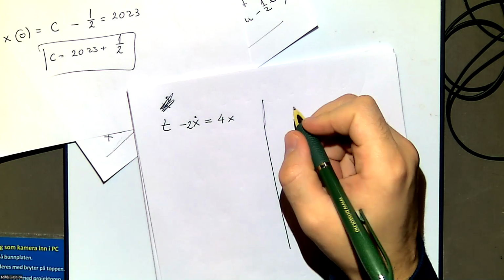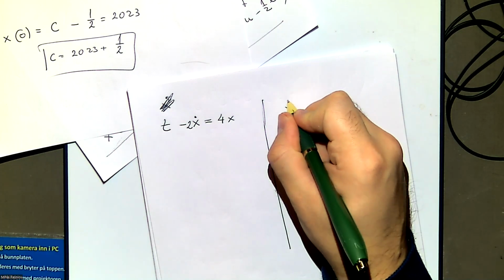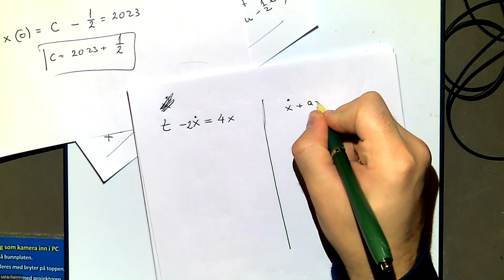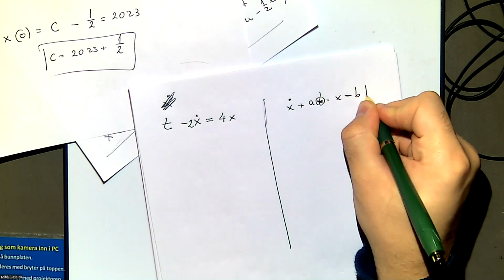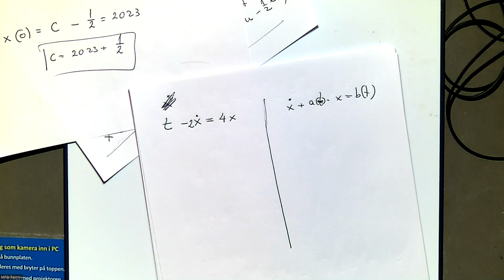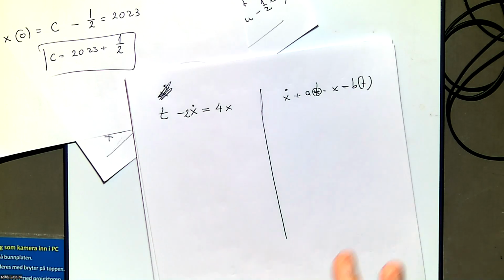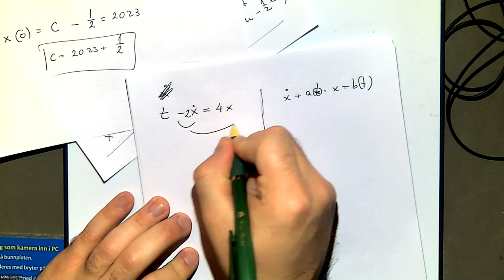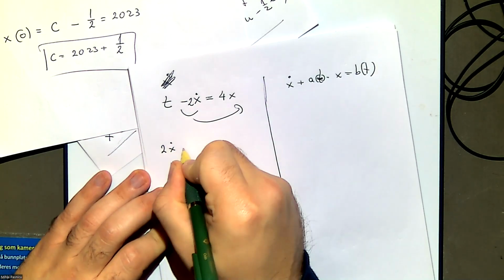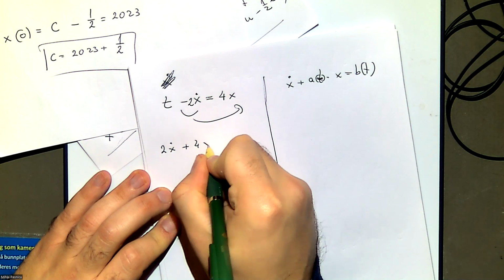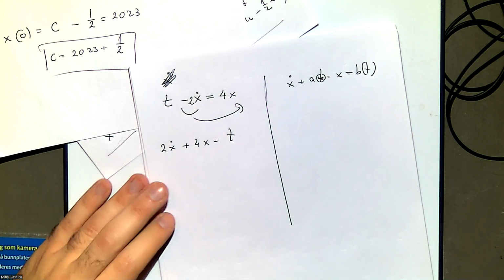So our general form was something like x dot plus a(t) times x is equal to b(t), right? Most important, before you start your work, just try to make it look exactly the same. So my first idea is to move this to the other side, and I get 2x dot plus 4x is equal to t.